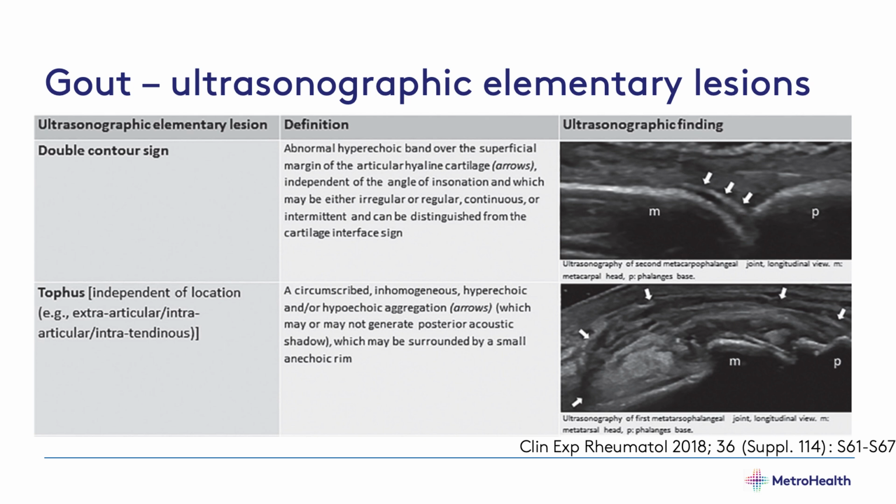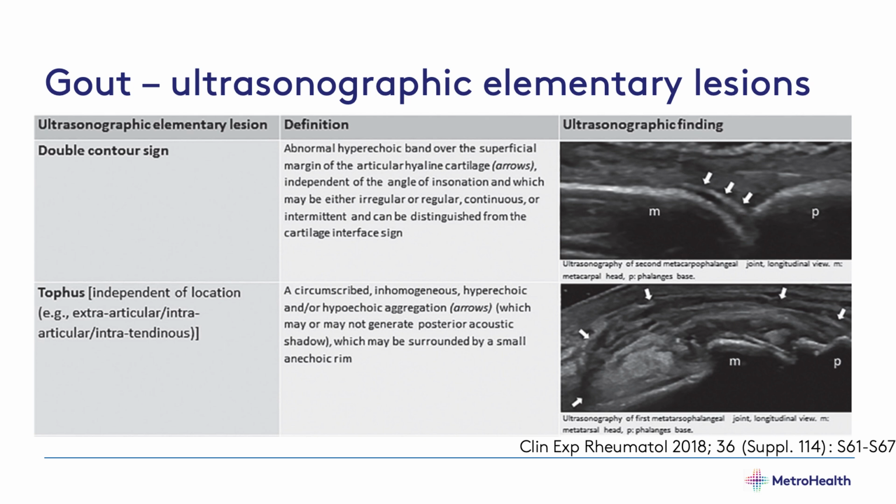The key thing about the interface sign is that it's really strongest when the sound beam is hitting the interface at 90 degrees. As you see here, the contour here is going away from the sound beam, so it's like 135 degrees, but yet it's still present.